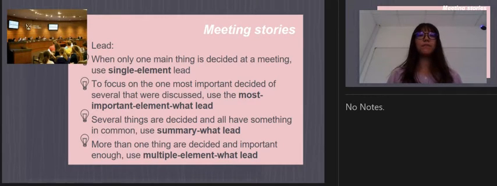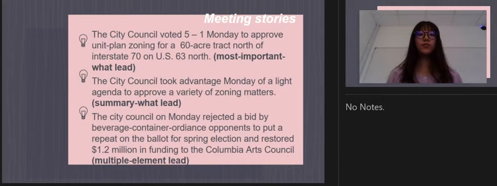Here are some examples of the lead. The City Council voted 5-1 Monday to approve unit plan zoning for a 6-acre tract north of Interstate 70 on US 63 North. This is the most important what lead. And the City Council took advantage Monday of a light agenda to approve a variety of zoning matters.